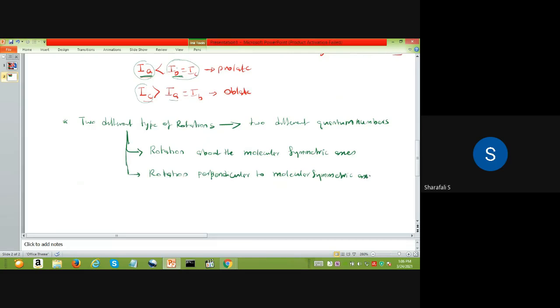What is this molecular symmetric axis? This is the axis about which the molecule will be symmetric.